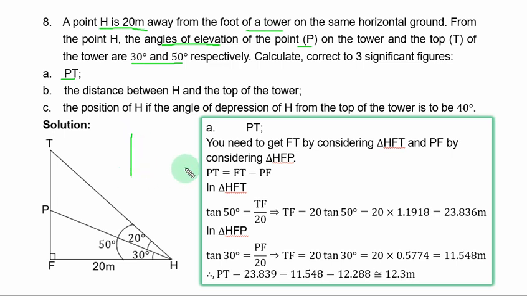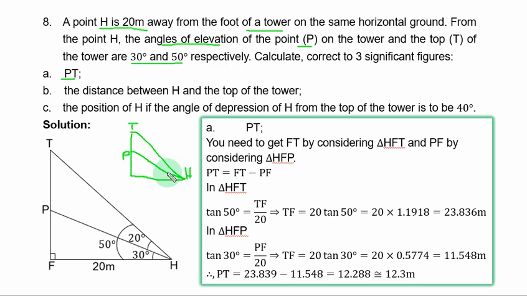Now one point is here, point H, and is at the same level with the tower, horizontal level. Now this is T. From the question, there is a point P on the tower. So the angle of elevation of H to this point P is 30 degrees, and from H to the top of the tower is 50 degrees.